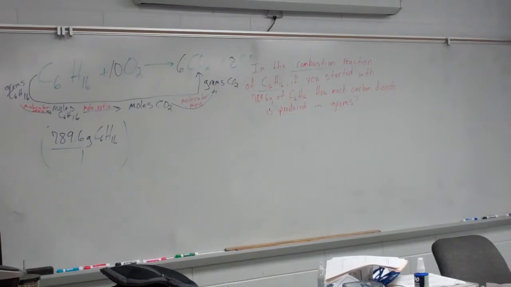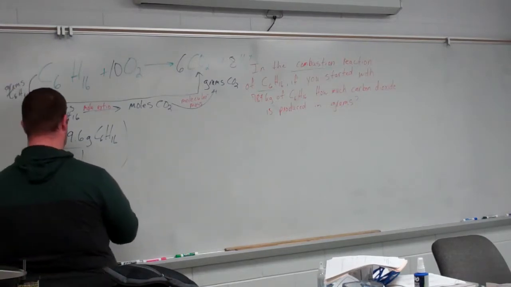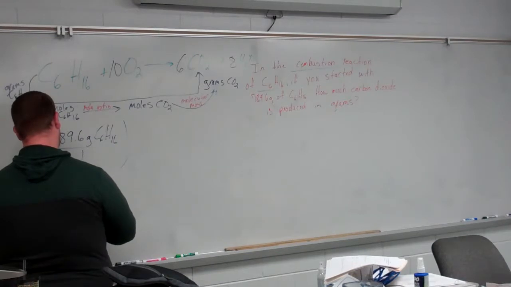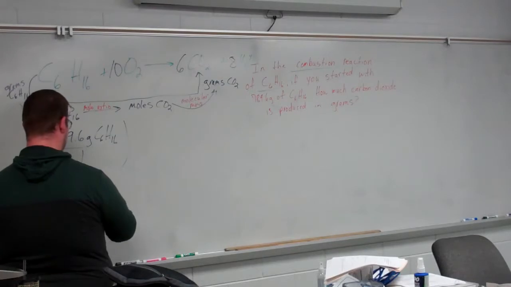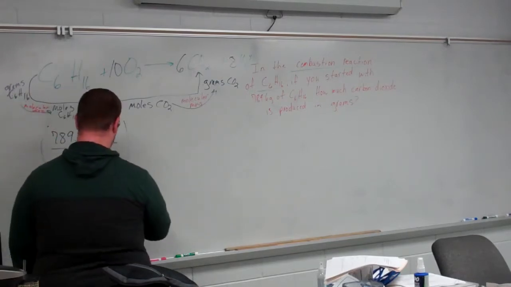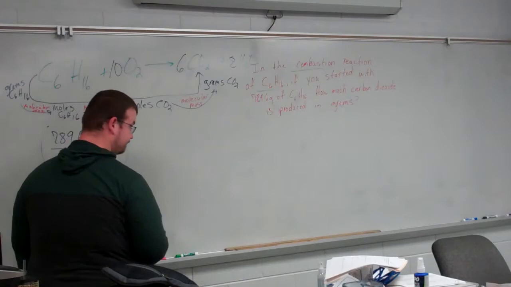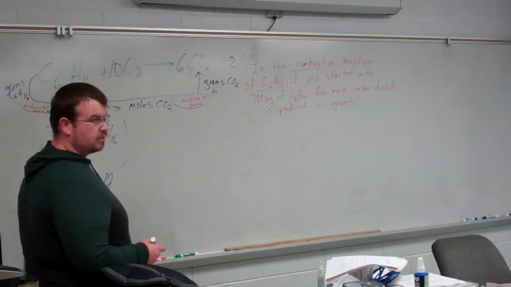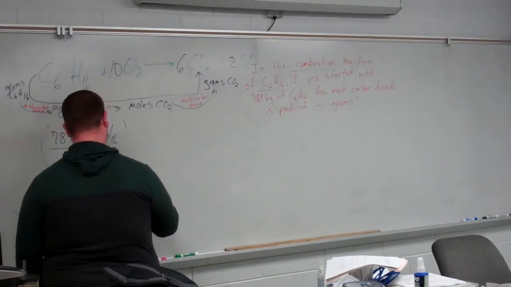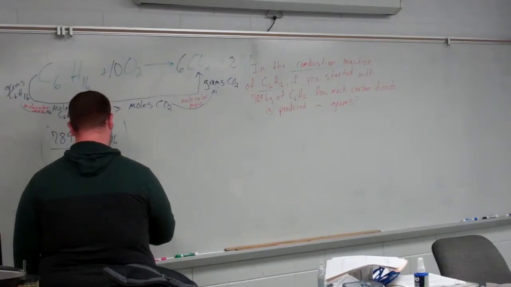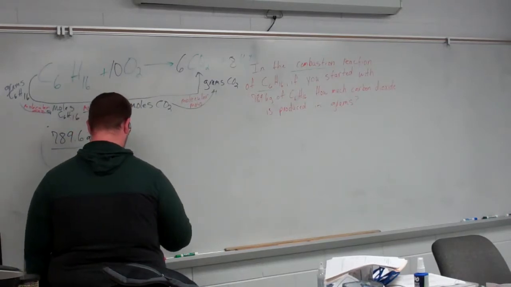So in this case, I already know I need the molecular mass of the C6H16. I'm going to calculate that. Molecular mass of C6H16 is carbon, hydrogen. You get 6 carbons, 16 hydrogens. What's the average atomic mass of carbon? 12.01 grams per mole. Hydrogen, 1.01.